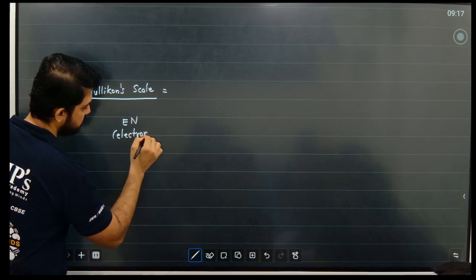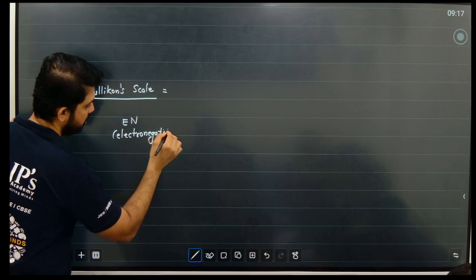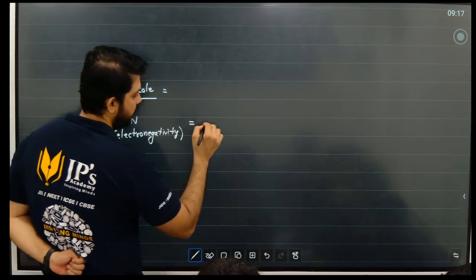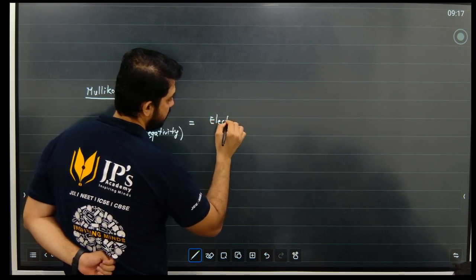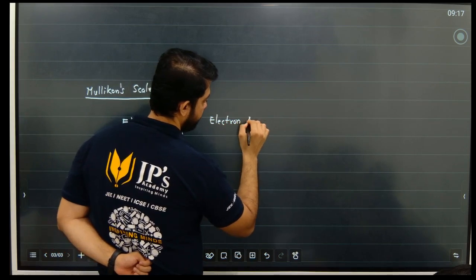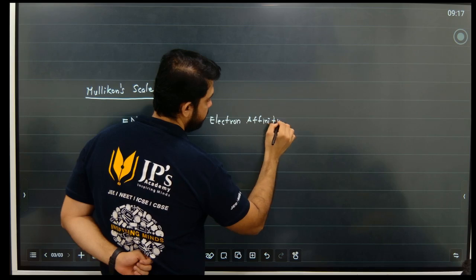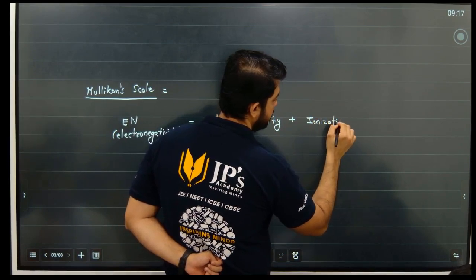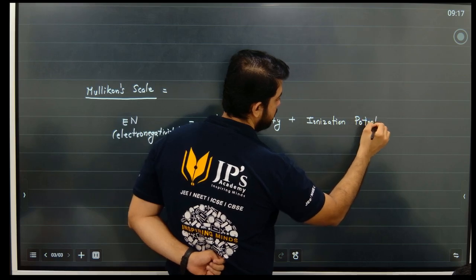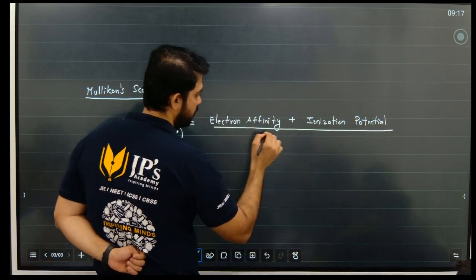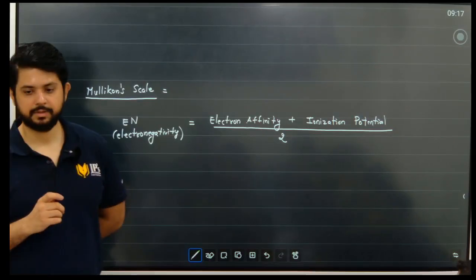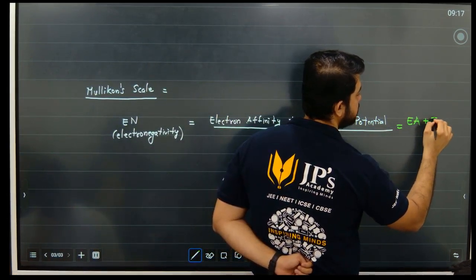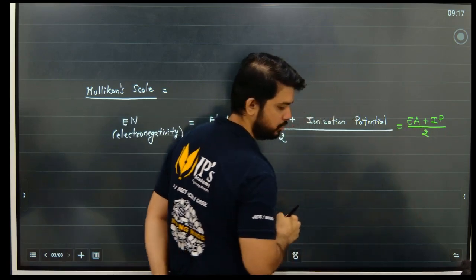Wherever I write En, that means electronegativity is equal to electron affinity plus ionization potential, the whole upon 2. ओके, या इसको हम ऐसे लिख सकते हैं, शॉर्ट फॉर्म में लिखा तो इलेक्ट्रॉन एफिनिटी प्लस आयनाइजेशन पोटेंशियल अपॉन 2.